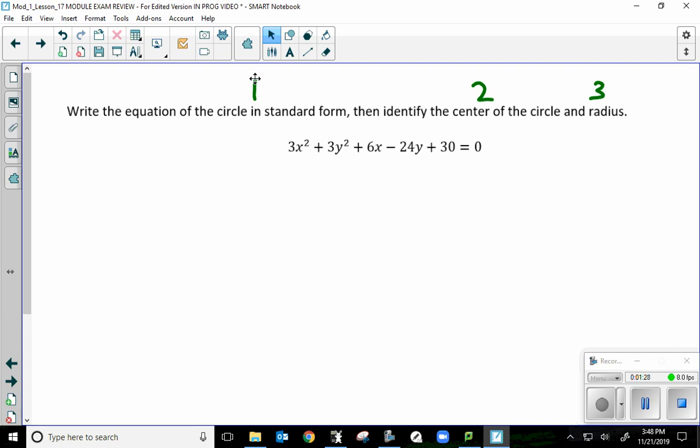The first thing I want to do here is to organize my process. I'm going to write my equation so that my x's are together and my y's are together.